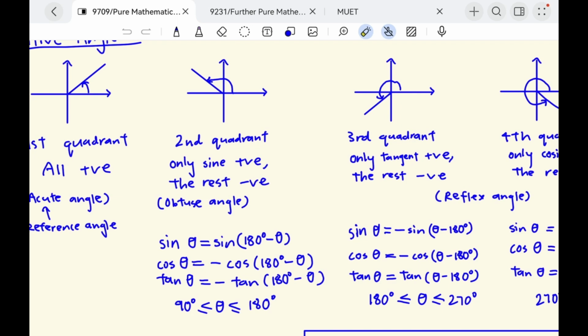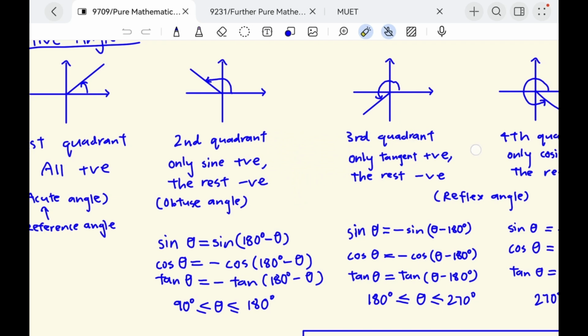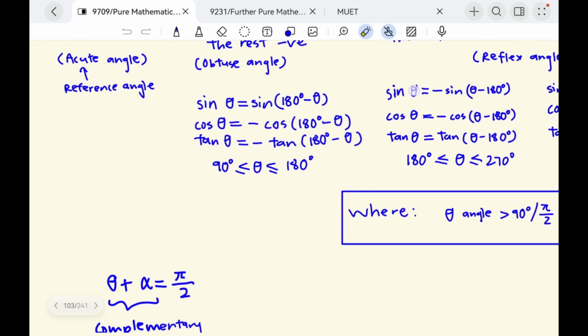It is from pi over 2 to pi, or so-called 90 degrees to 180 degrees. Referring to its reference angle, we can relate their values, which are the same, using the reference angle and the other complementary angles.